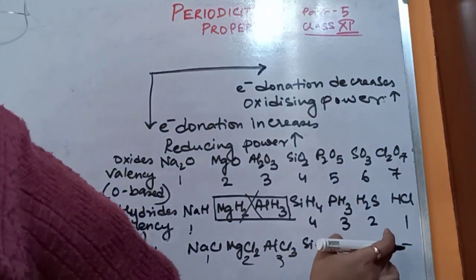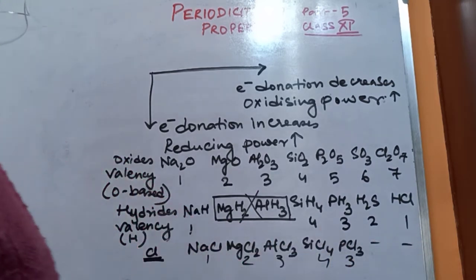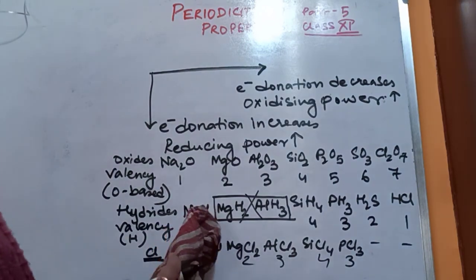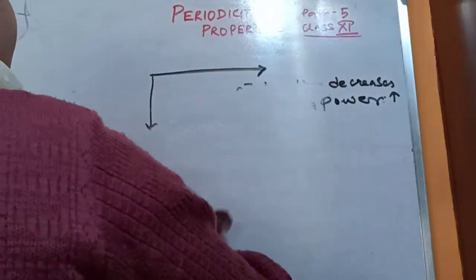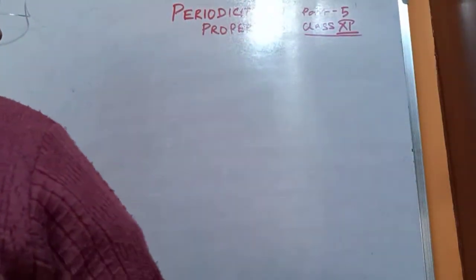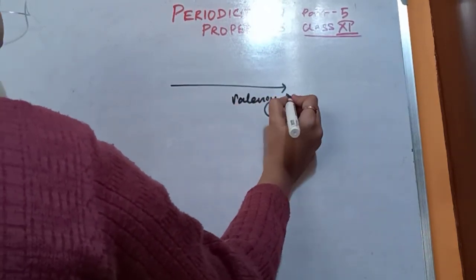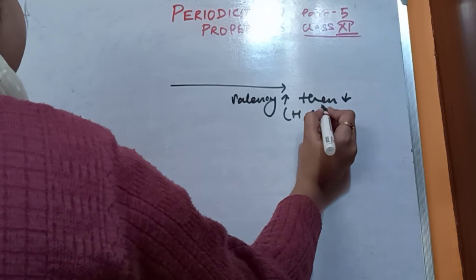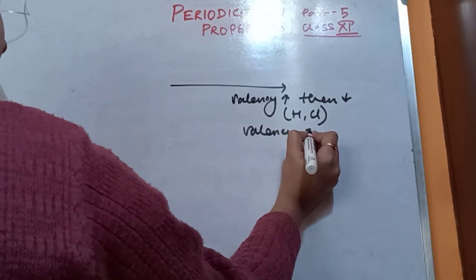Again this is 3. And since it is the group of chlorine only, we won't show chlorine here. So generally across a period for chloride based and hydrogen based valency, the valency will first increase and then decrease. But for oxygen based, across a period it will increase.